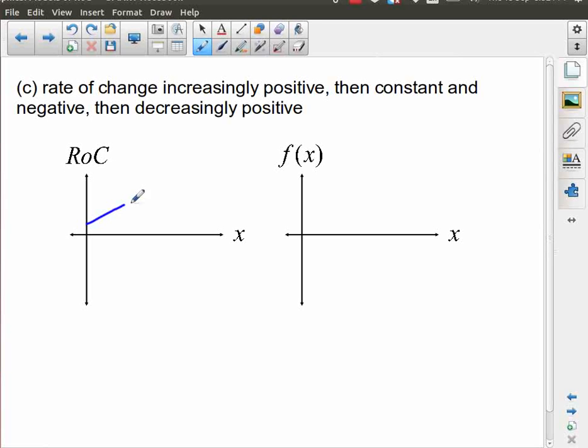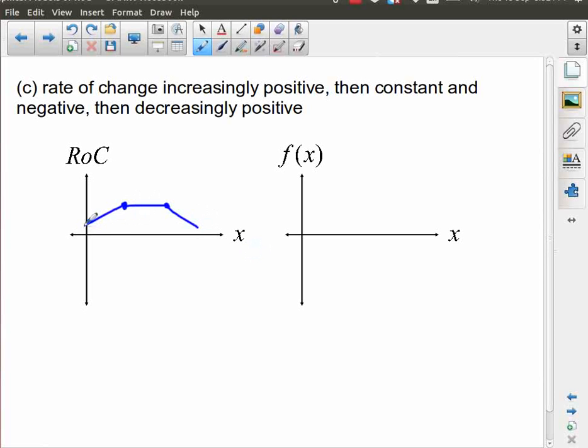Then my rate of change, I'm just going to put a dot there to indicate that I'm switching to a different mode. My rate of change is then constant. And then decreasingly positive. So it's still positive, but it's turning into a smaller number. So that would be something like that. And again, I never made it down to 0. That's fine.